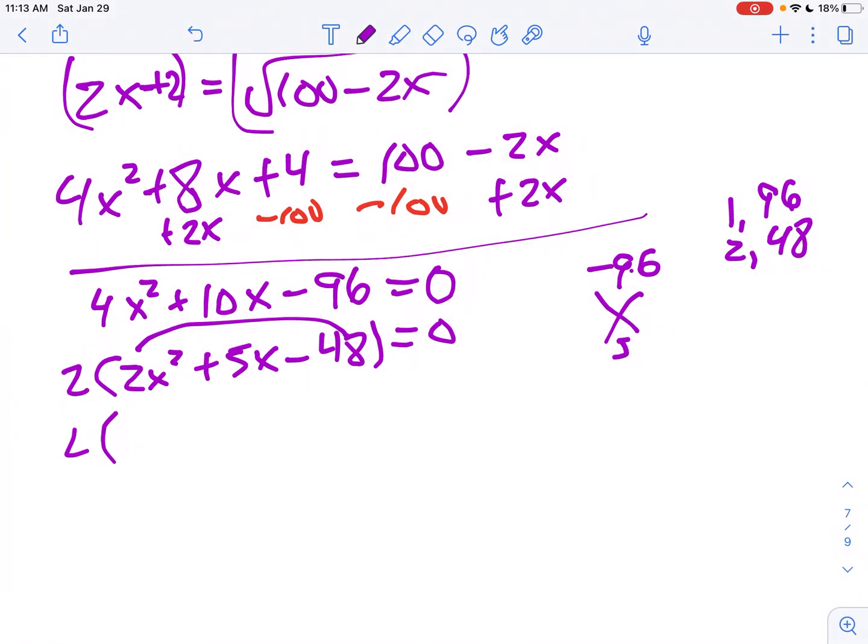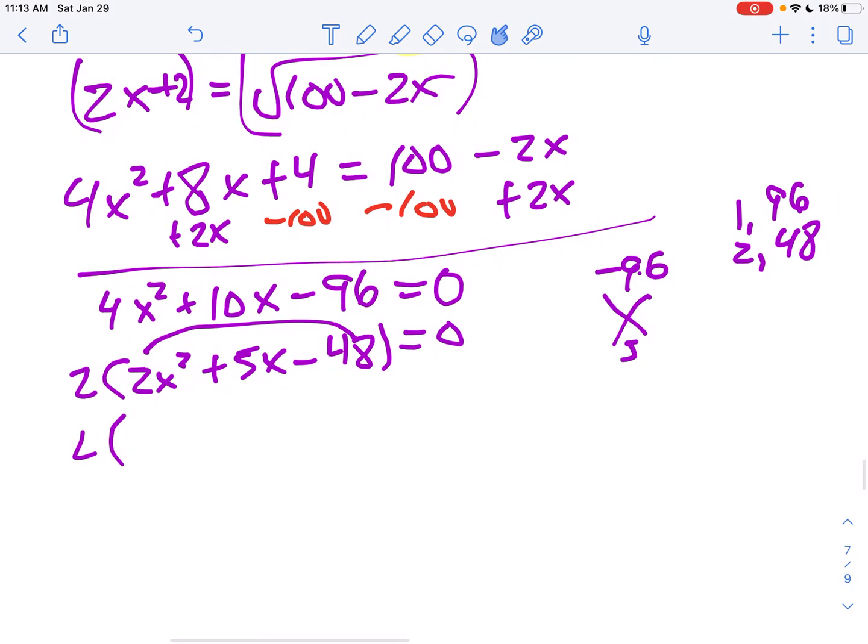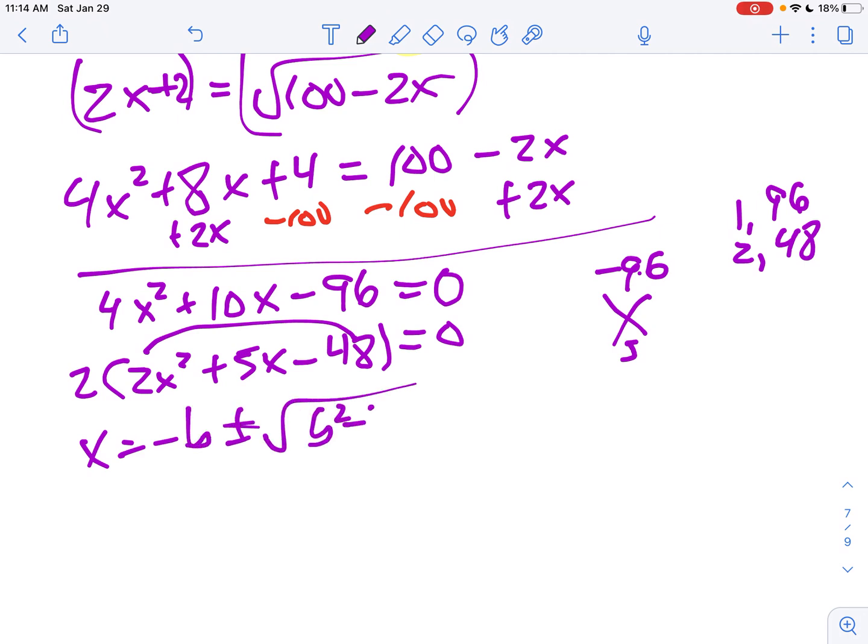So I'm going to just make sure I didn't make a dumb mistake here. 2 times 2 is 4, is 8, yep. Okay, so now x equals negative b plus or minus the square root of b squared minus 4ac all over 2a.